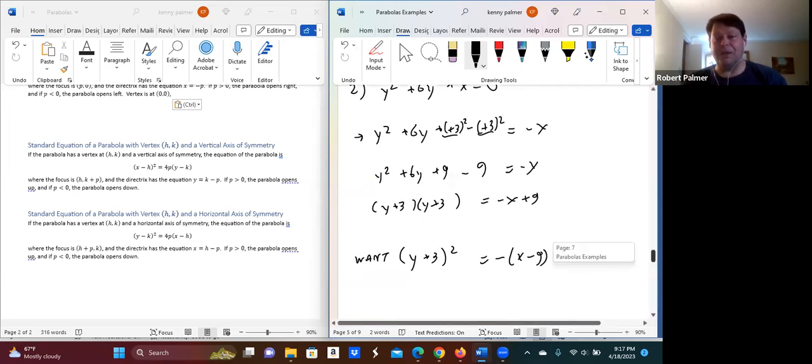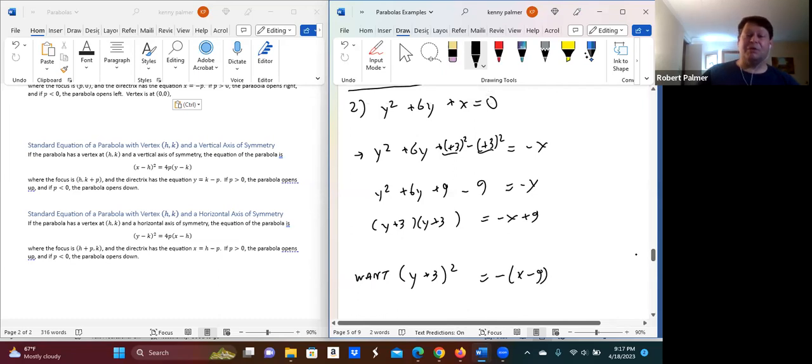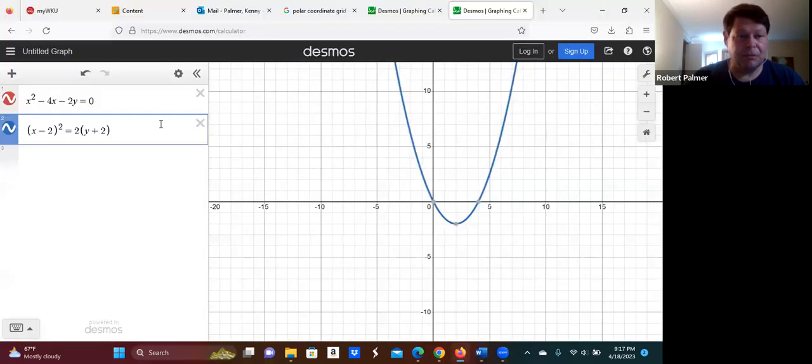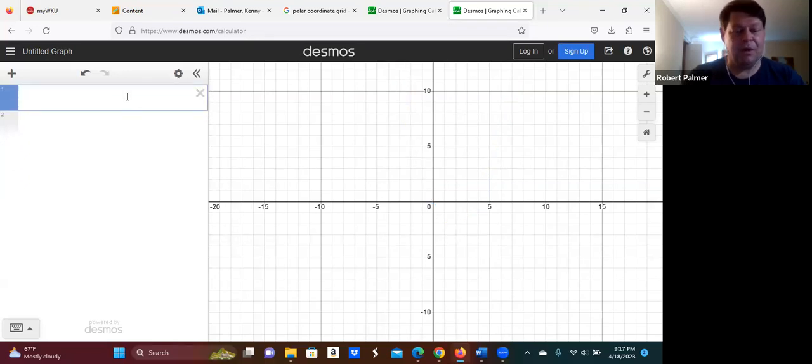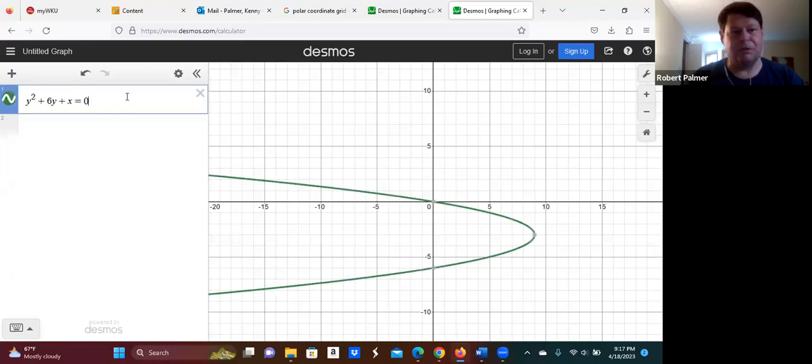Once again, let's graph this and make sure this is the correct equation. Go to Desmos, clear these out. I have y squared plus 6y plus x equals 0. There's a parabola.